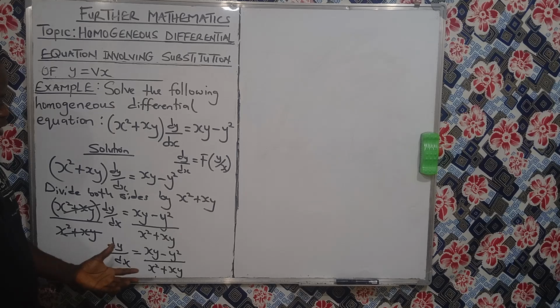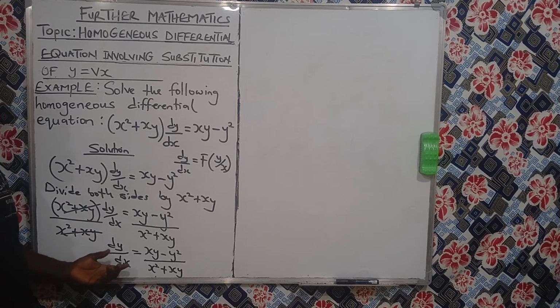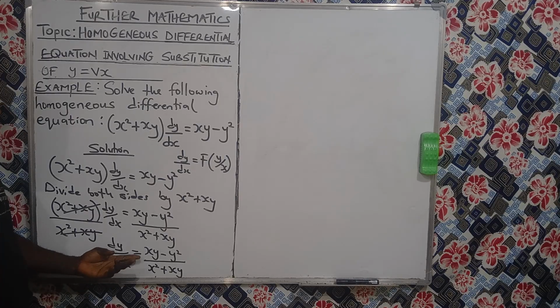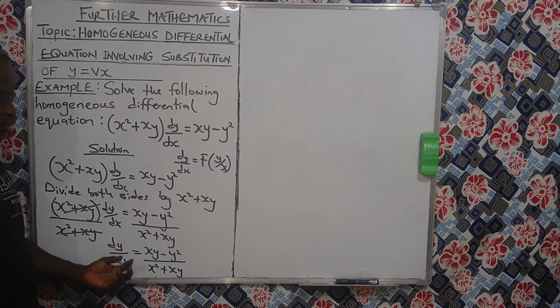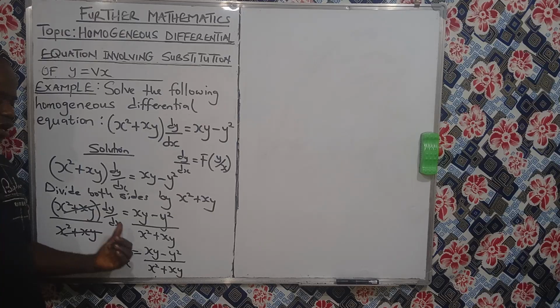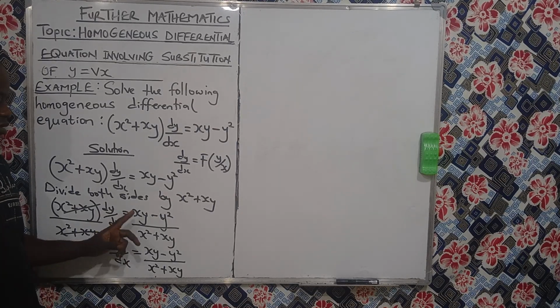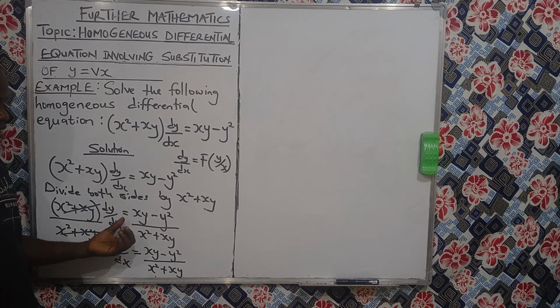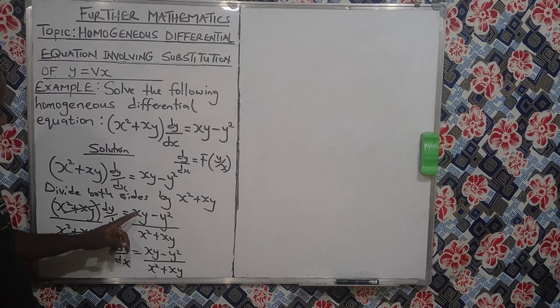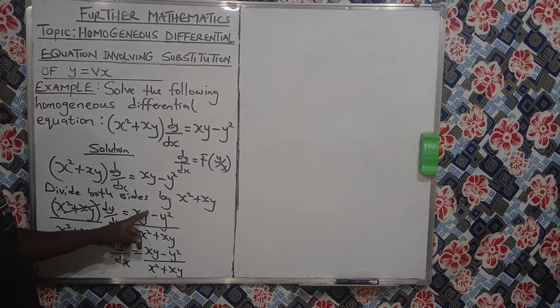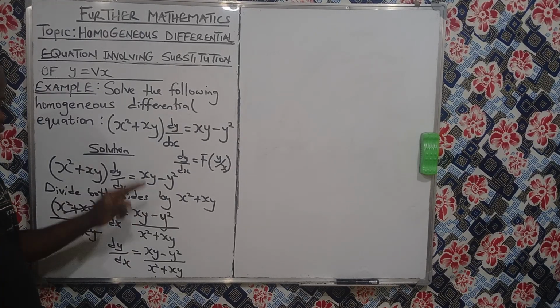Now I want to check if the equation is a homogeneous differential equation. How do you do that? You divide both the numerator and the denominator by the x that has the highest degree. You can see that it is a homogeneous differential equation because x has degree 1, y has degree 1, which is 2.